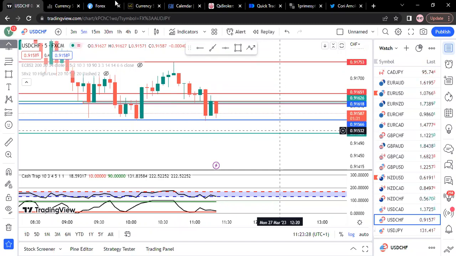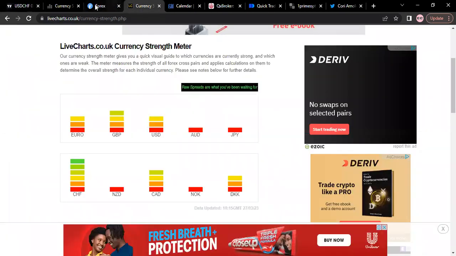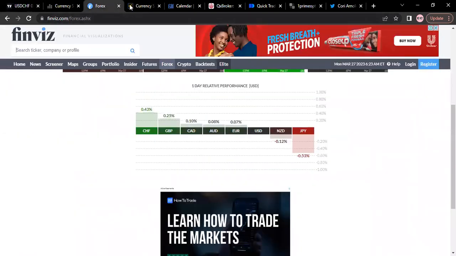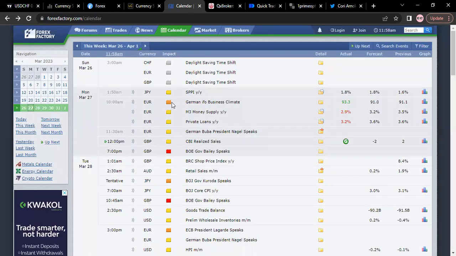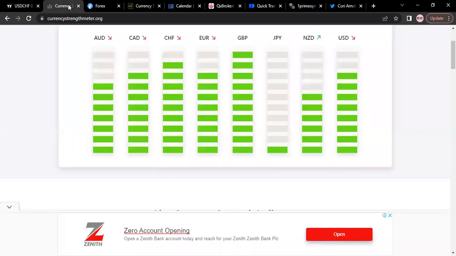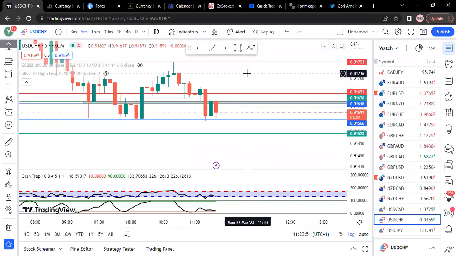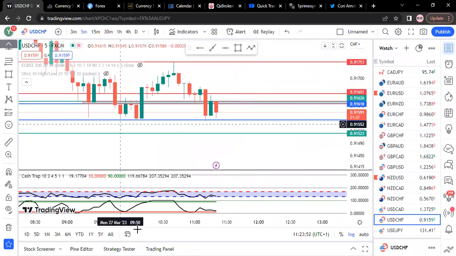You will always have to check your currency strength meter, your FinViz, and your market calendar to ensure that there is no news impacting any currency that day. Because if there's news impacting a currency, though your technical analysis is accurate, your fundamental analysis will cut your neck off. And that's what you're trying to avoid in the market.